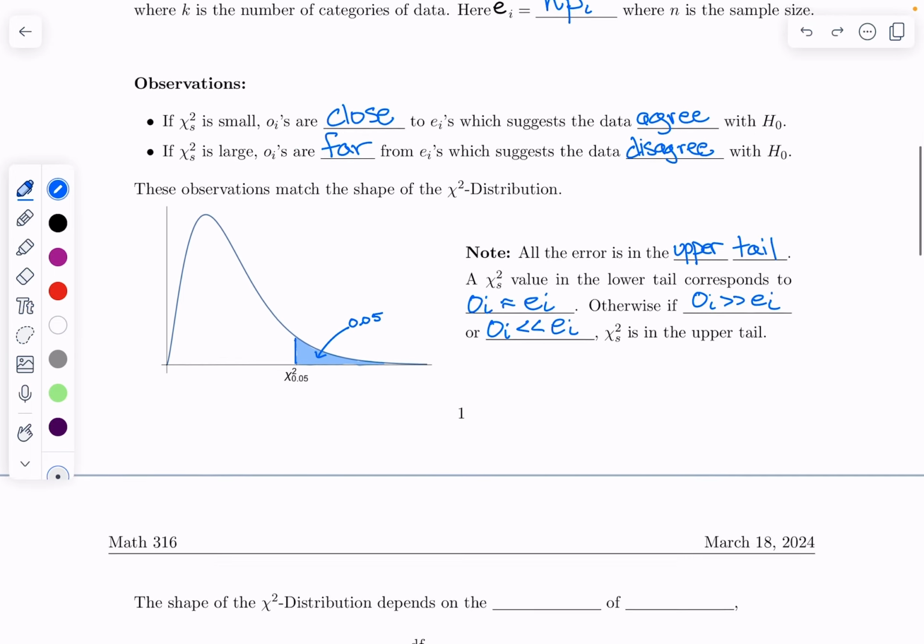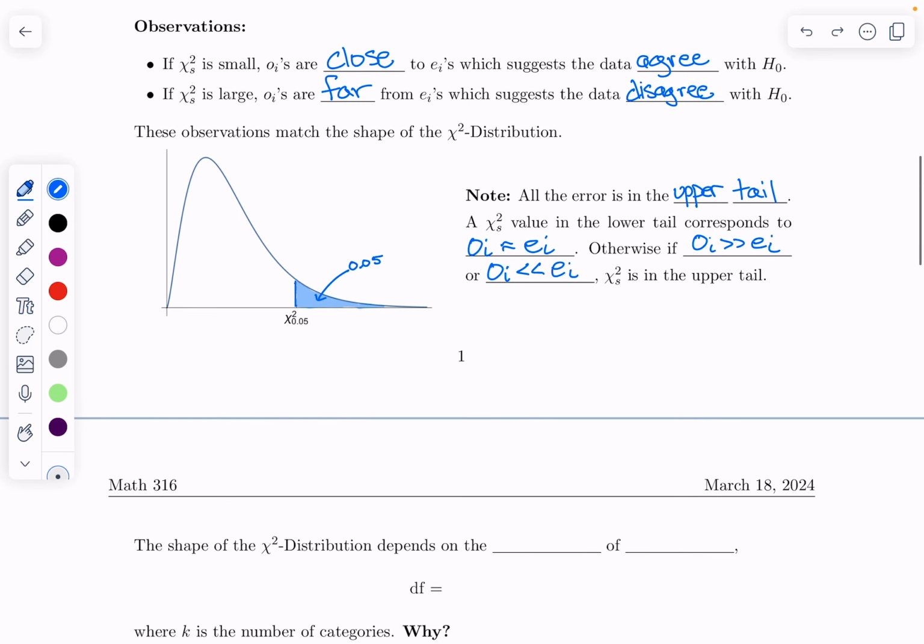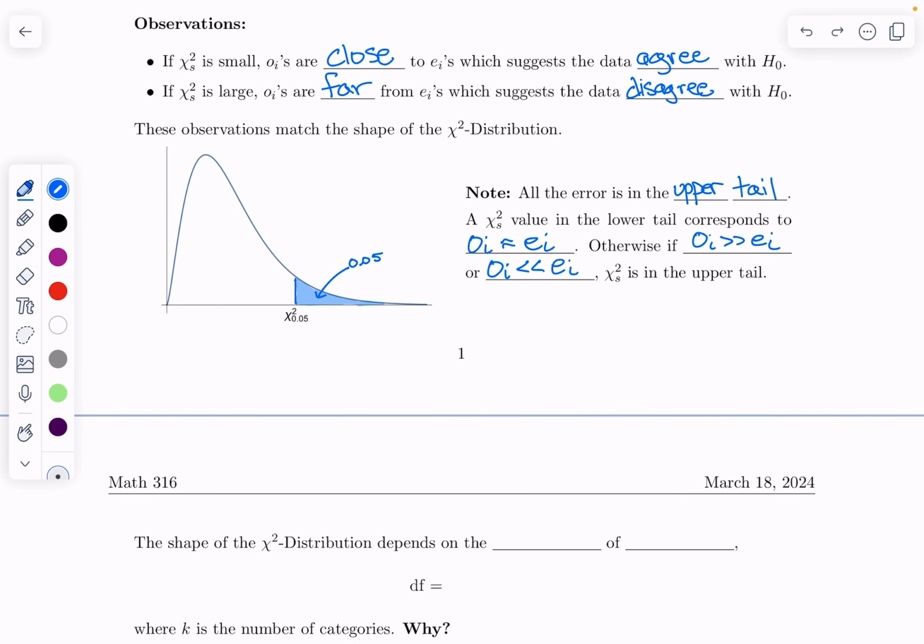So continuing on, the shape of the chi-square distribution is, again, going to depend on degrees of freedom, like the t-distribution.